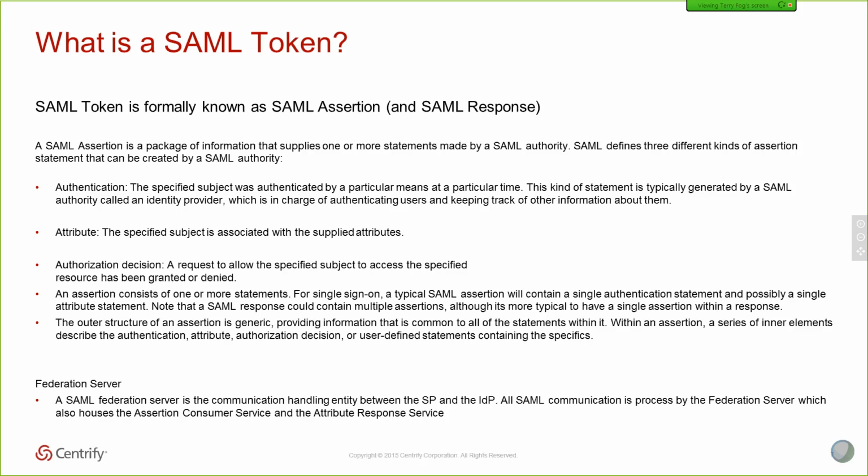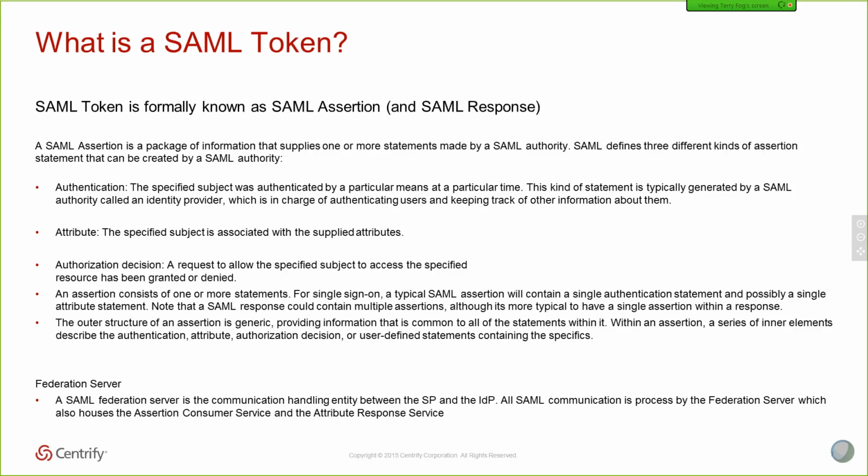Now, let's talk about the actual message being sent, right? When there's redirection happening, there's some message being passed back and forth. What are they? The most important one is called SAML response. For those of you who have seen a network trace, that's exactly what you see, SAML response. There's a more casual term, we call it SAML token.